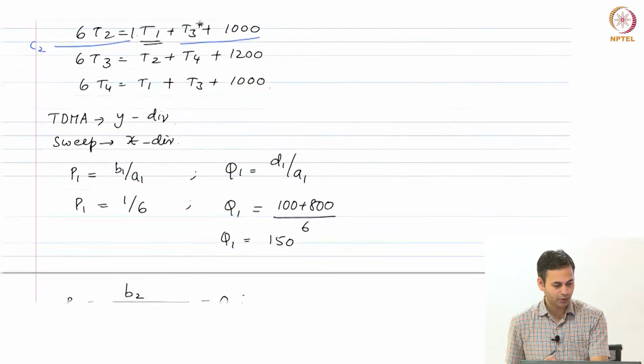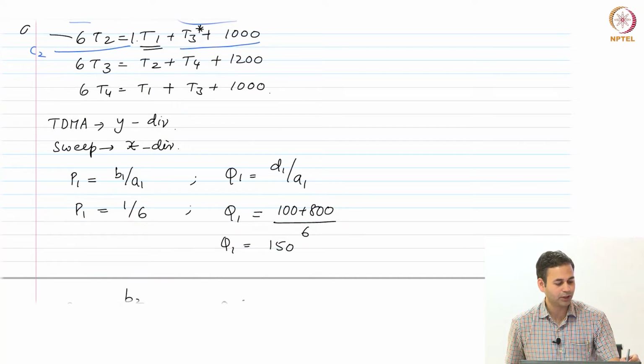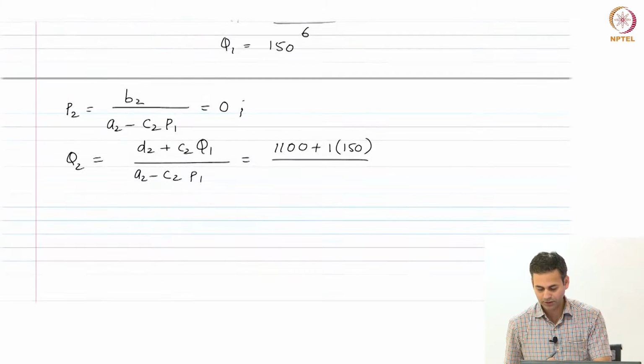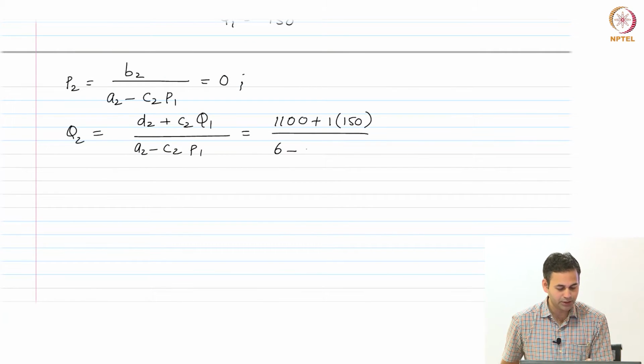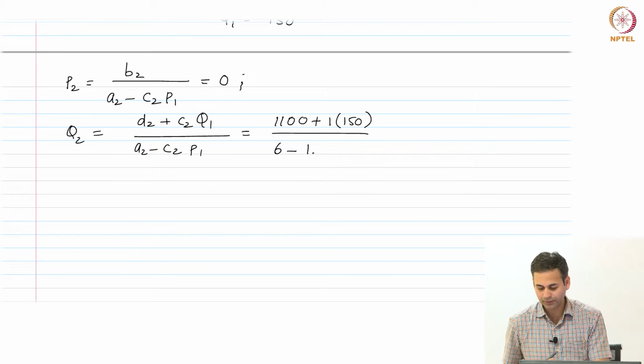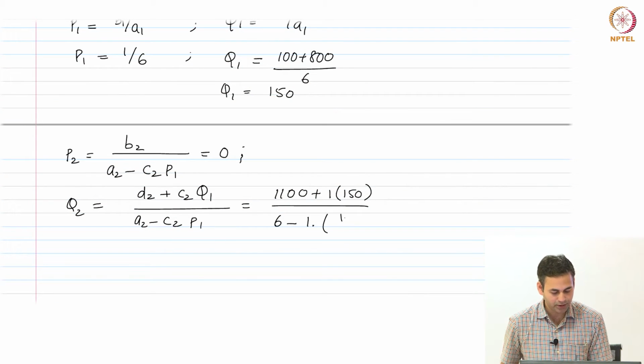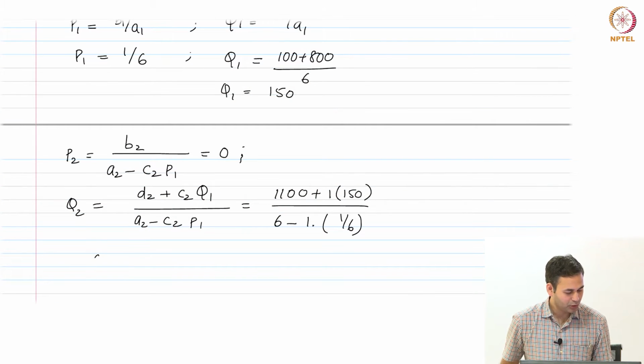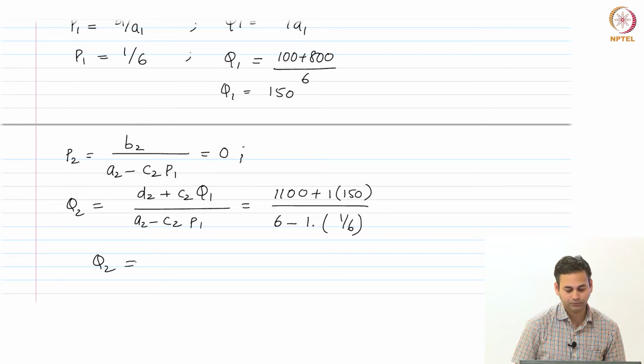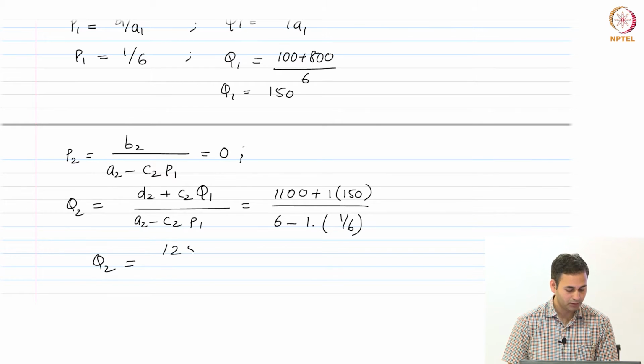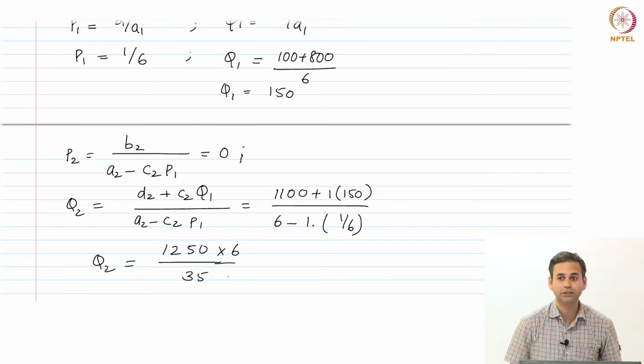A2 is the coefficient of T2, this is 6, and then minus C2, which is 1, times P1, which is 1/6. So, how much would be Q2? This is 1250 times 6 by 35, is it?